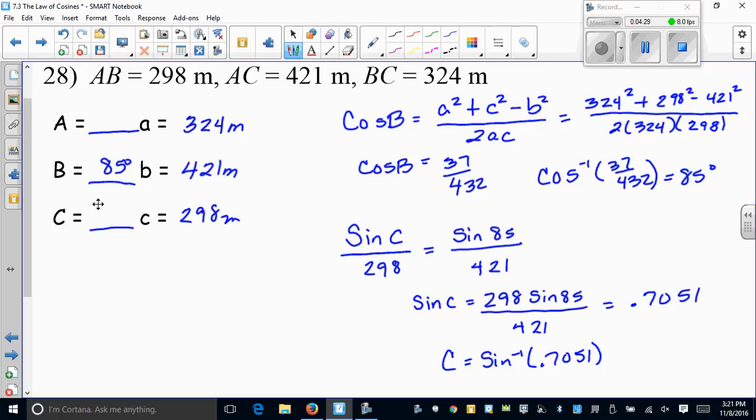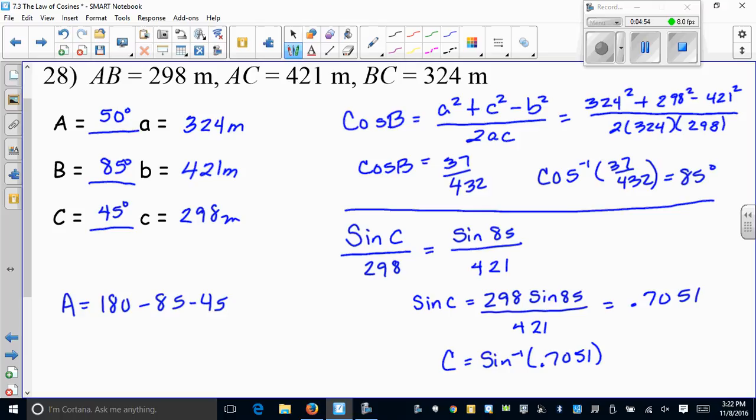And then to find angle A, it will be 180 minus 85 minus 45, which gives us approximately 50 degrees. And we're done. So there is the work to find the first angle, the second angle, and then the third angle.